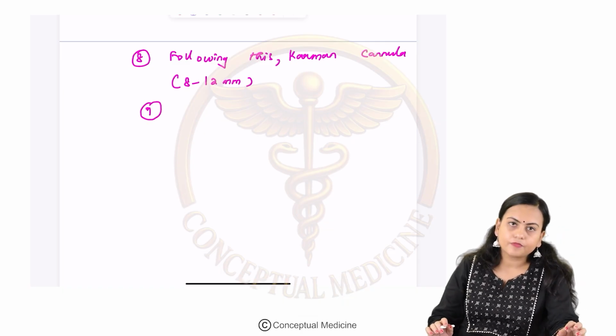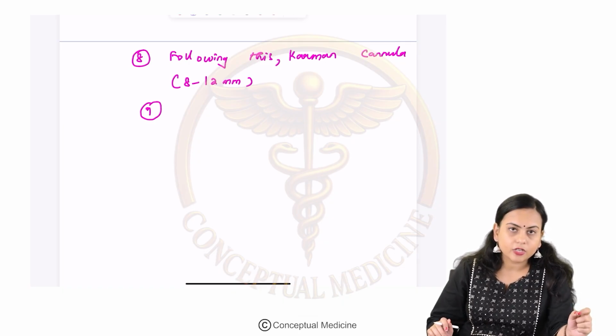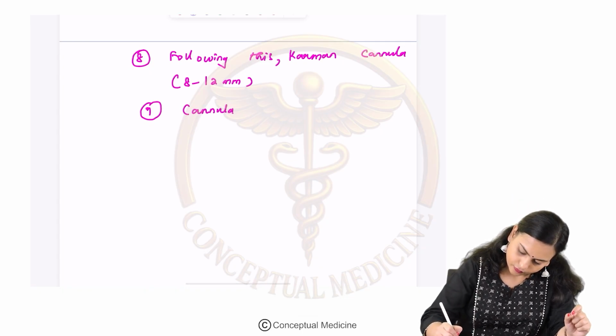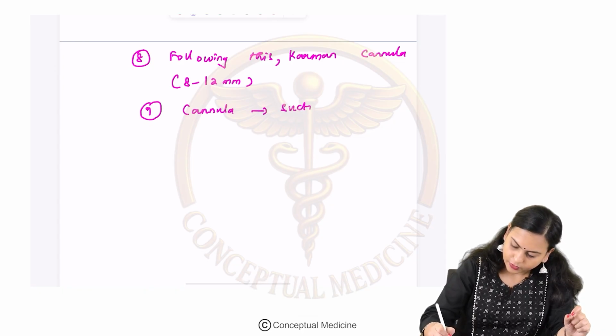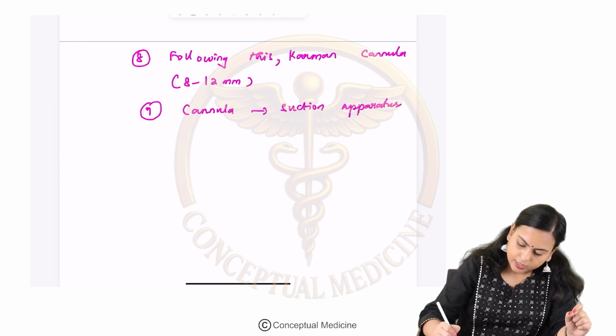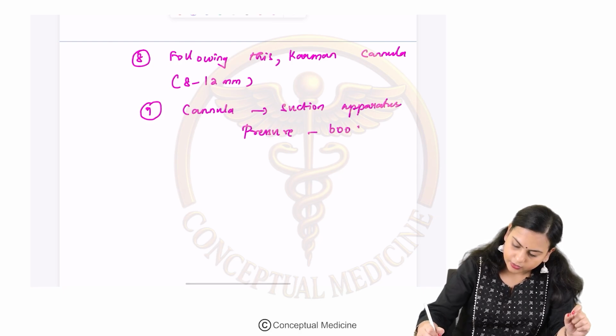Now at this time the cannula will be connected to the suction apparatus, and the suction apparatus pressure will be maintained around 600 millimeters of mercury.